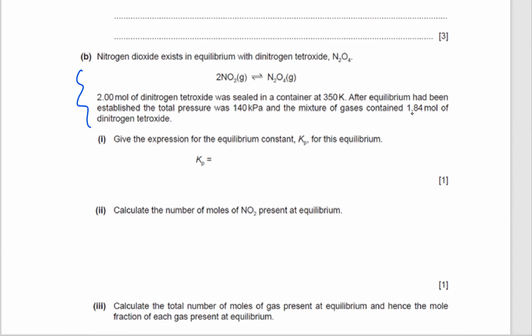हो गया, done with this. Is it 3.24 times 10 to the power minus 7? How many moles did you get? You started off with 2, right? And then you had 1.84 moles, so that's at equilibrium 1.84.